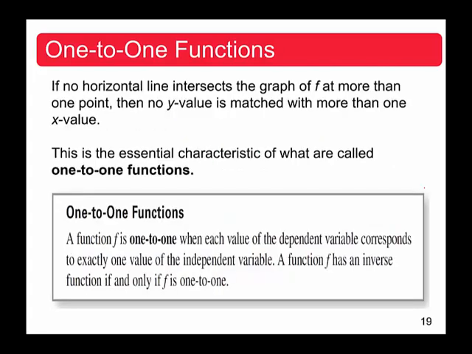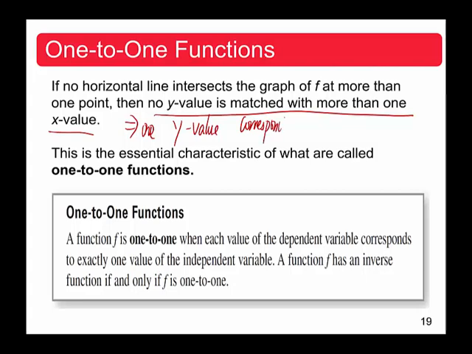Okay, so if no horizontal line intercepts the graph of f of x at more than one point, so no y values match with more than one x value, that guarantees one-to-one. So one y value corresponds with one x value, and that's a requirement to have an inverse function.